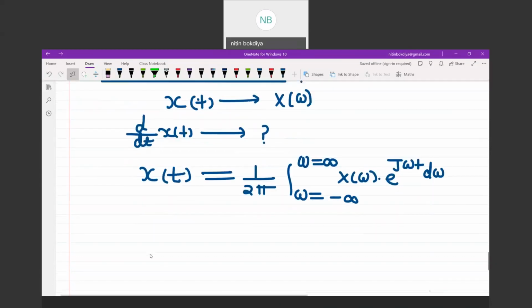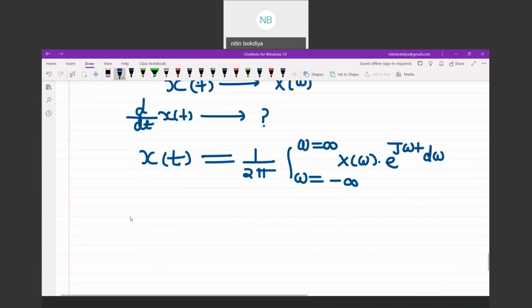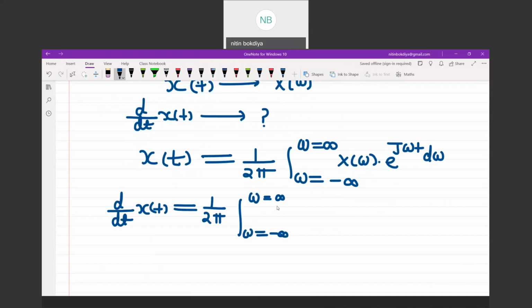Now let's differentiate both sides. Now what I am doing, I am differentiating it. d by dt of x of t is equivalent to 1 over 2 pi integral from minus infinity to infinity, because these all quantities are with respect to omega. So I can say x of omega into d omega, and d by dt only e to the power j omega t is a function of t.